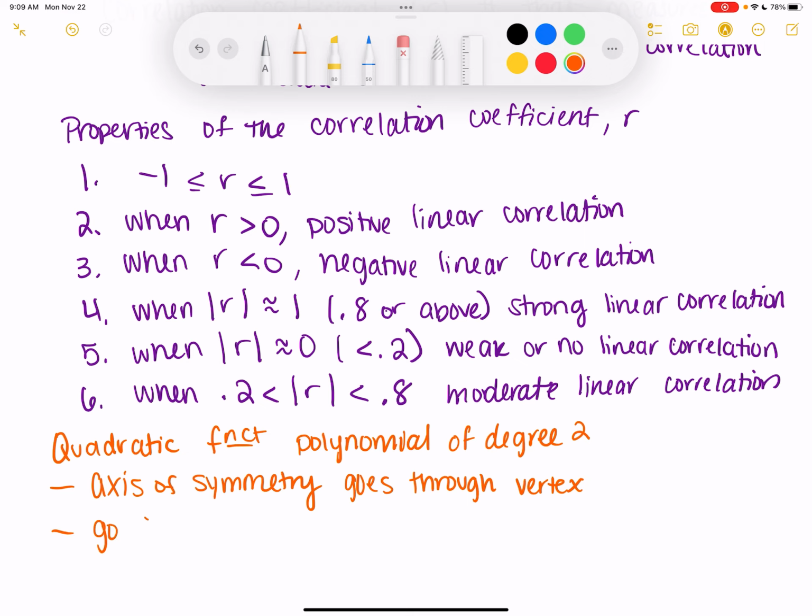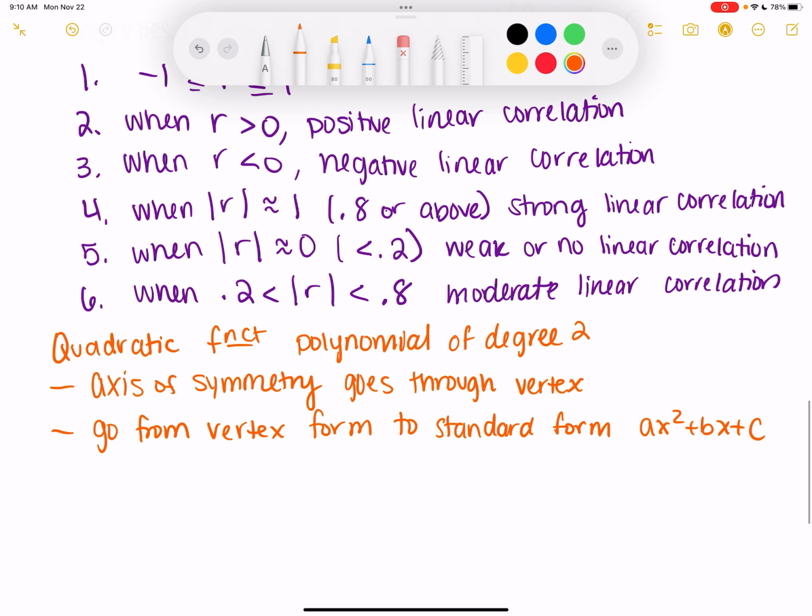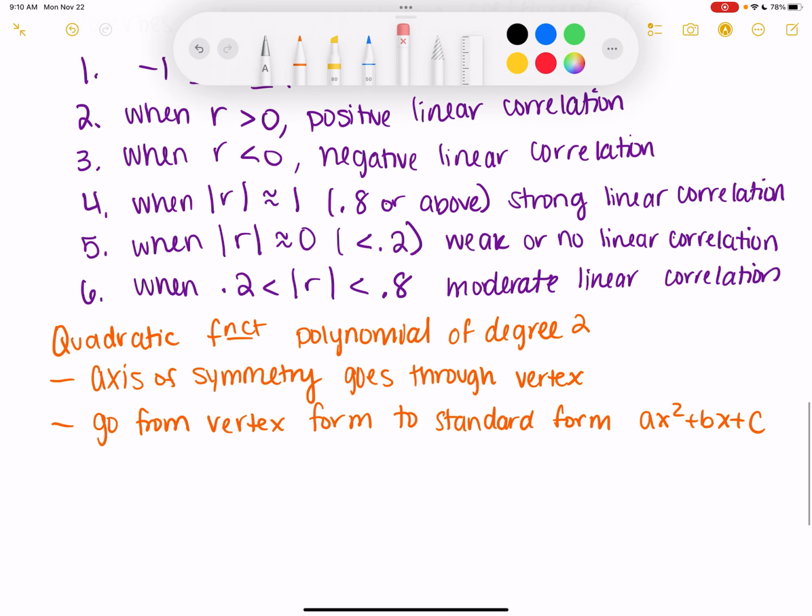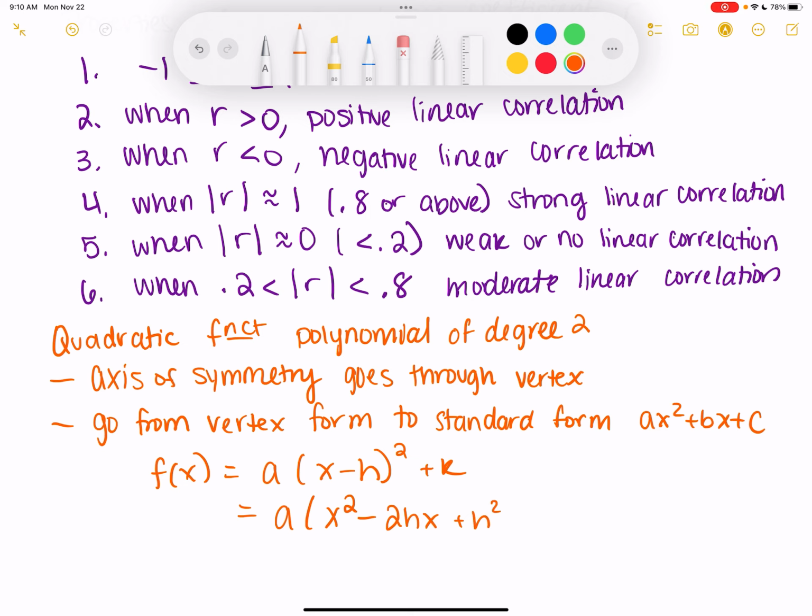Go from vertex form to standard form, ax squared plus bx plus c. So in vertex form, we would have f of x is equal to a times x minus h squared plus k, which would give us a times x squared minus 2hx plus h squared plus k.